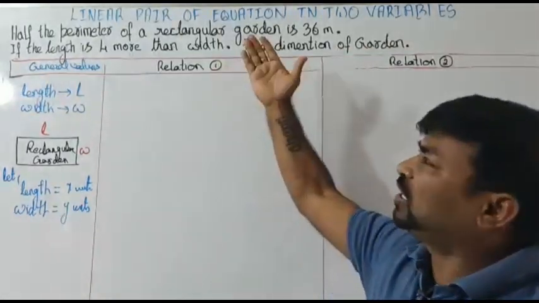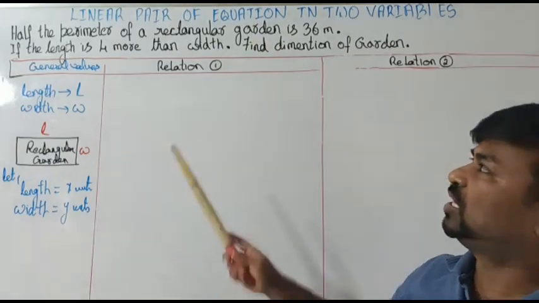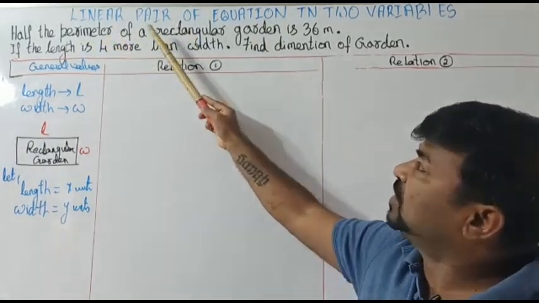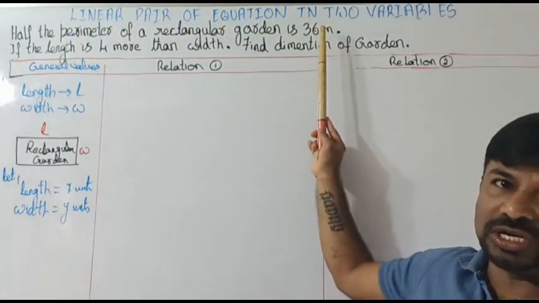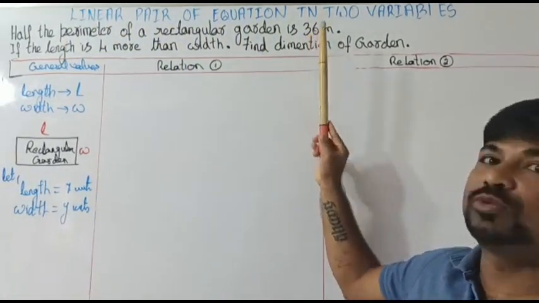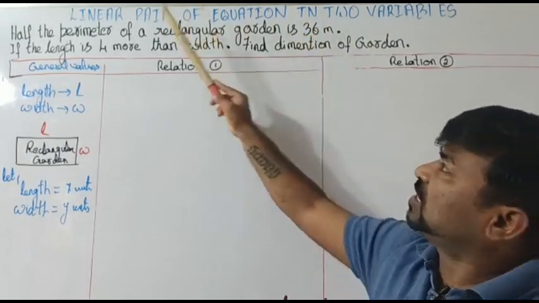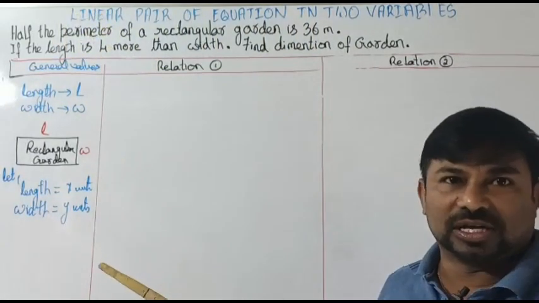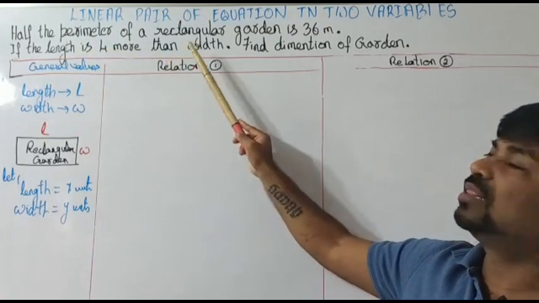Now, what kind of relations has he given? There is a basic relation he has given. Of course, he has given two relations for us. Half the perimeter of the garden is 36. That is the first relation. Always focus on the numbers he has given. 36 is the number he has given. What is the 36? Not the perimeter, but half the perimeter. That is the first relation. And the second one he has given is that length is 4 more than the width.